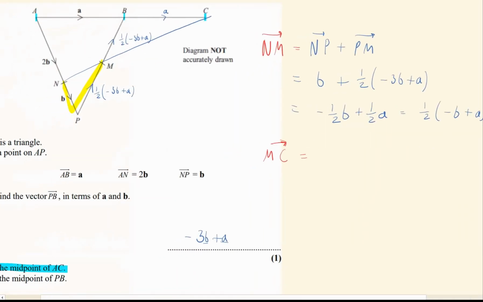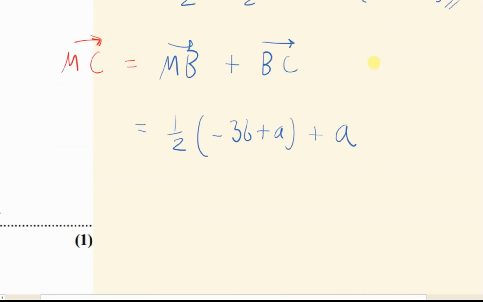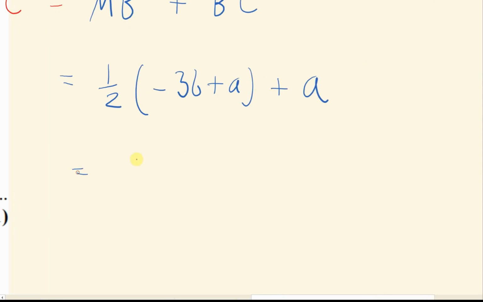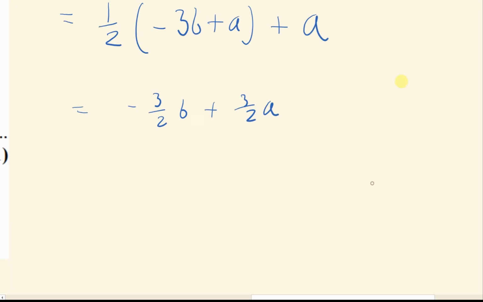So M to C, I'm going to head up this route now. That is going to be from M to B, and then from B to C. M to B is a half of minus 3B plus A, and B to C is just A. Adding those together, we're going to get minus 3/2 B plus 3/2 A, which looks very good.